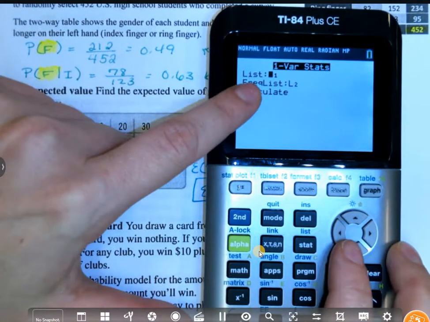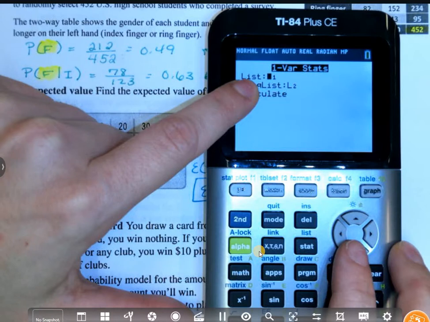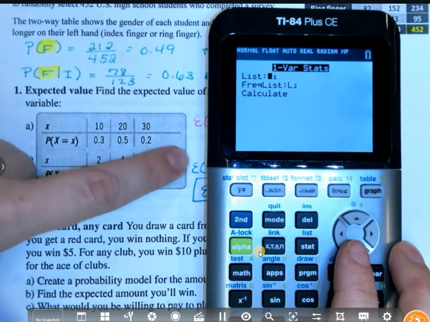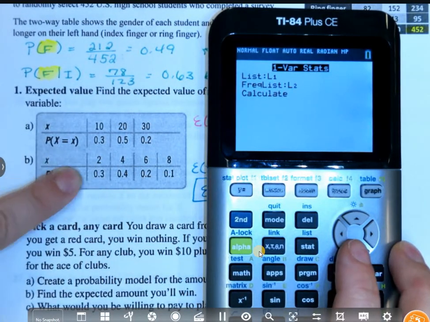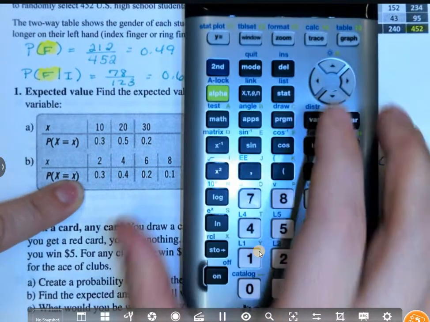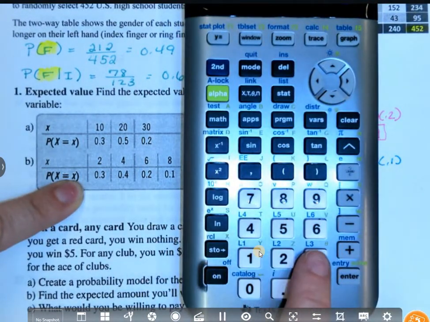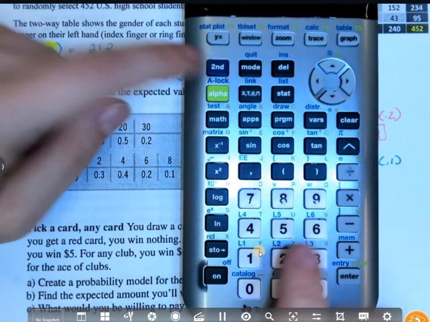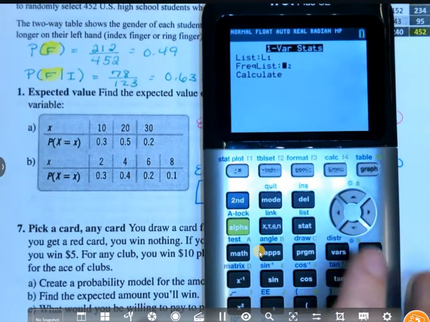The only part here that's different is we obviously still have my list of values in list 1, but now we have a frequency list. That frequency list is list 2. And if you want to change that number, you'll look here, you'll see all of your L1, L2, L3, those are all in blue. So just by doing second 2, that will type in list 2.